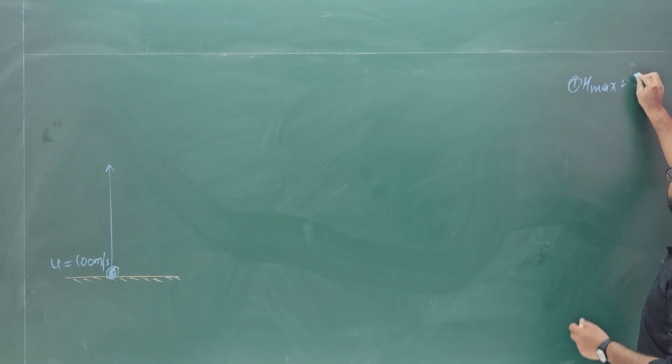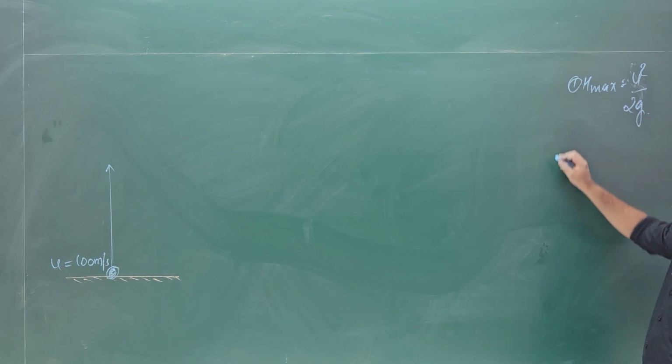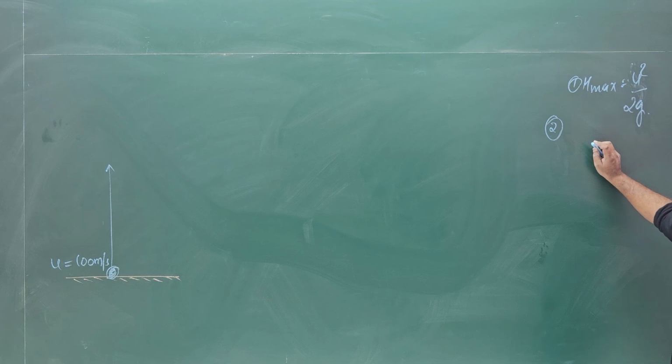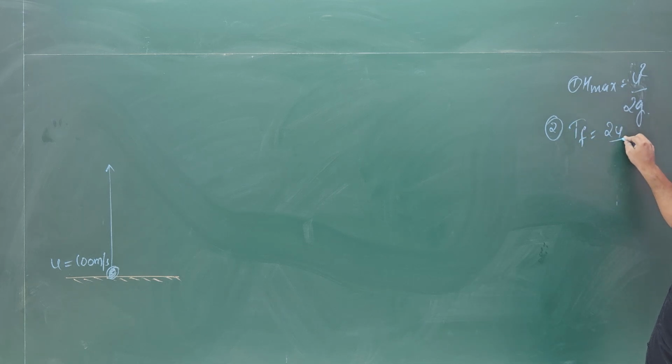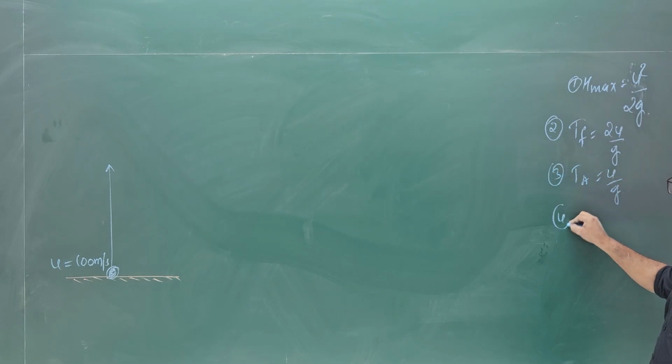H max is nothing but u square upon 2g. Okay, second, time of flight, 2u upon g. Third, time of ascent, u upon g. Fourth, time of descent, u upon g.